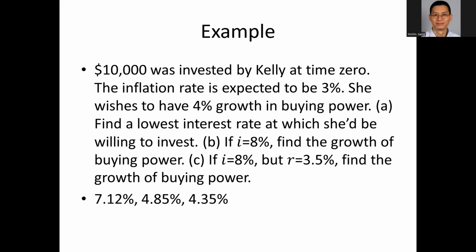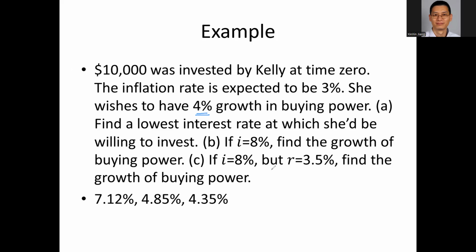When $10,000 was invested by Kelly at time zero, the inflation rate is expected to be 3%. She wishes to have 4% growth in buying power. That's the inflation adjusted rate, her expectation. Find the lowest interest rate at which she'd be willing to invest.